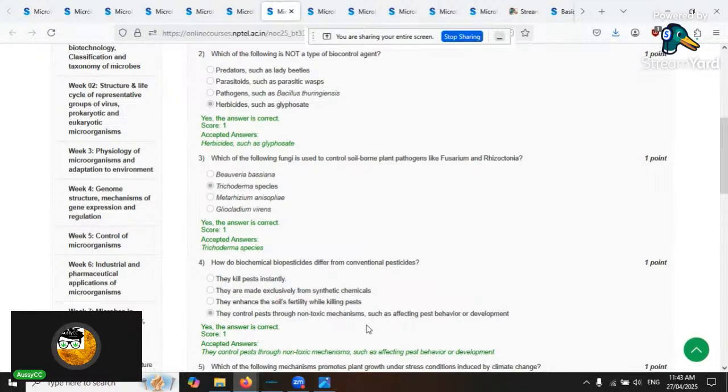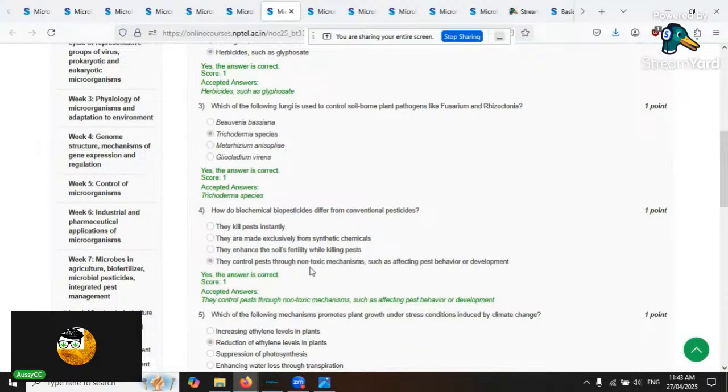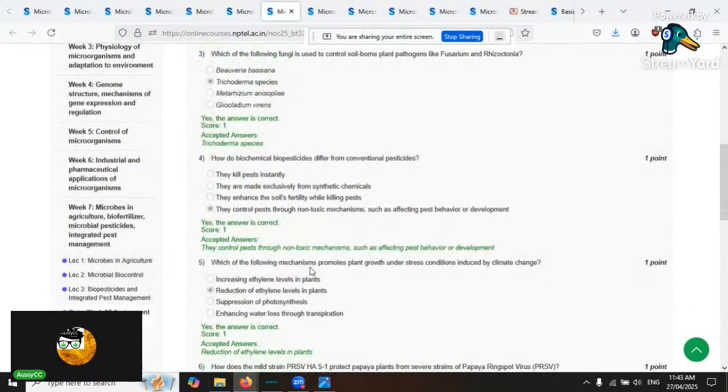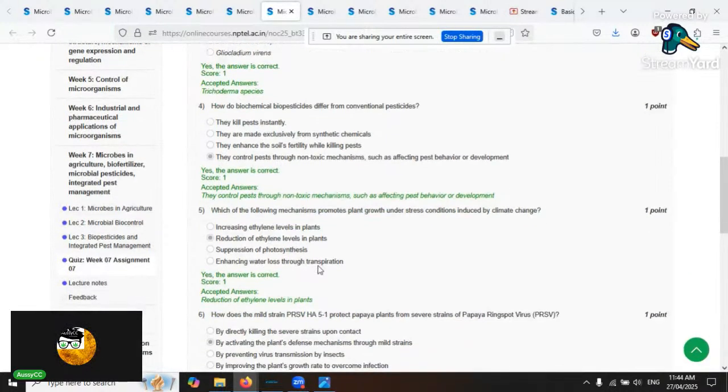Which of the following mechanisms promotes plant growth under stress conditions induced by climate change? Reduction of ethylene. How does the mild strain protect papaya plants from papaya ringspot virus?